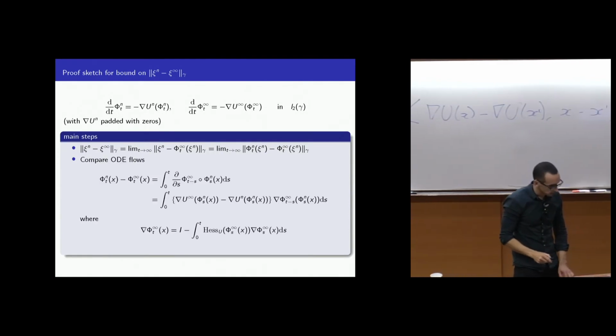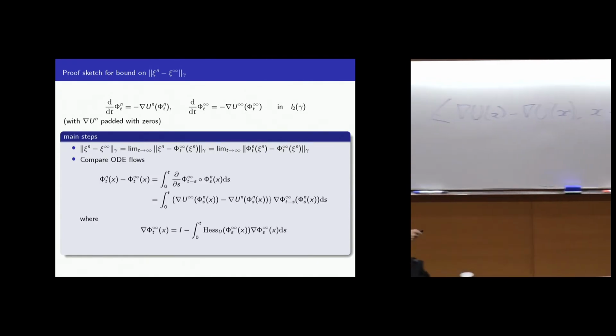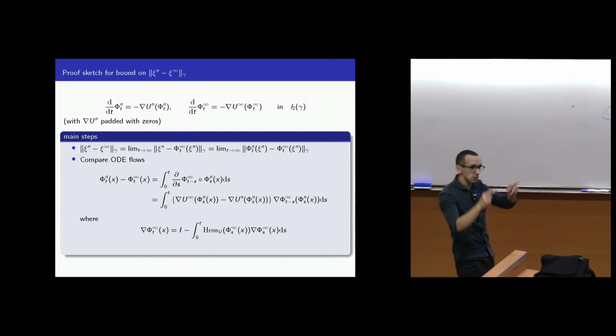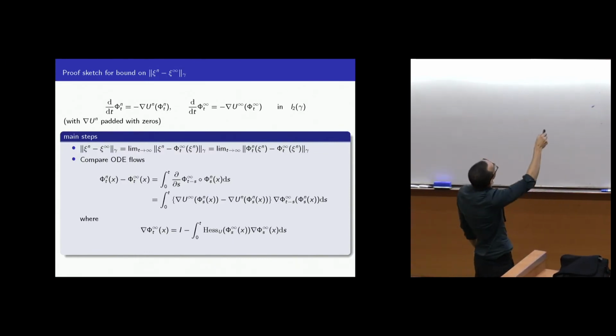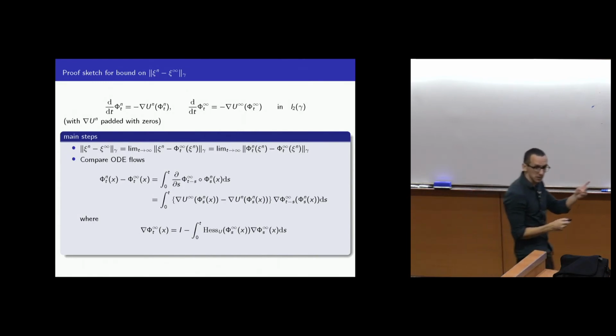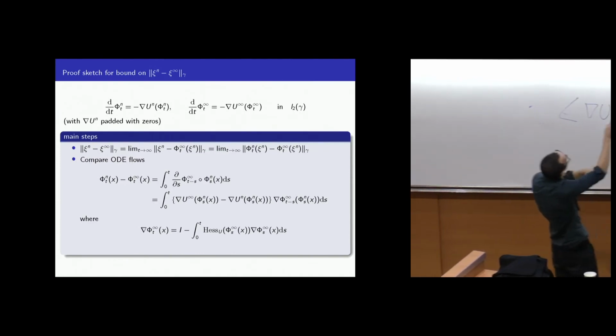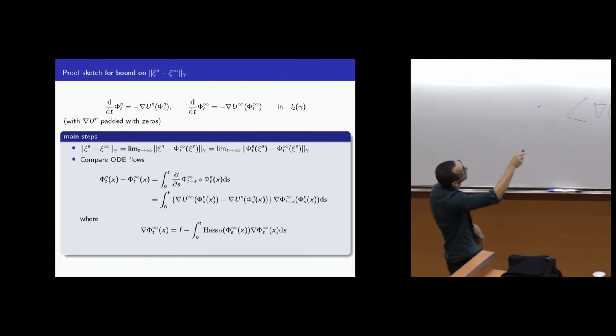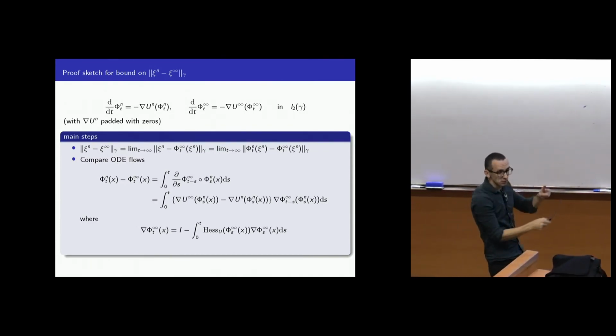Okay, so what I need to do is compare the trajectories of two ODEs started from the same location, right? Perhaps unsurprisingly, when you decompose that, what appears is a difference between the vector fields of those two ODEs. Okay, don't worry about the details. The main thing is the difference between the fields of those ODEs that appears. Okay.